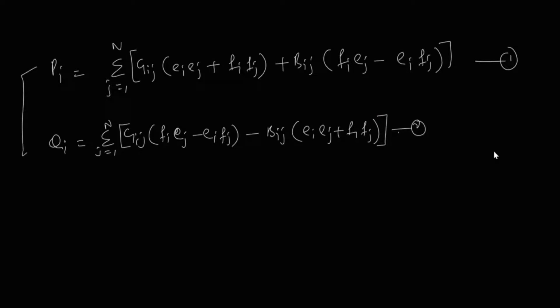These two equations are important for the Newton-Raphson method in rectangular form. So we will be using them for taking the partial derivatives of Pi and Qi.